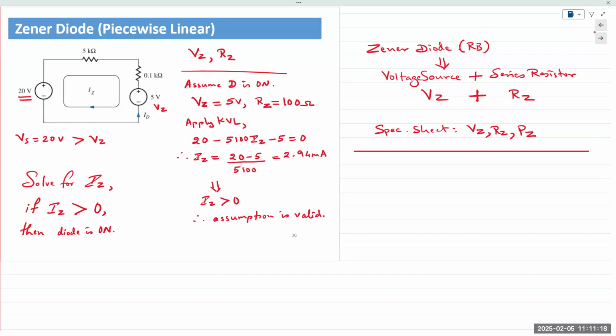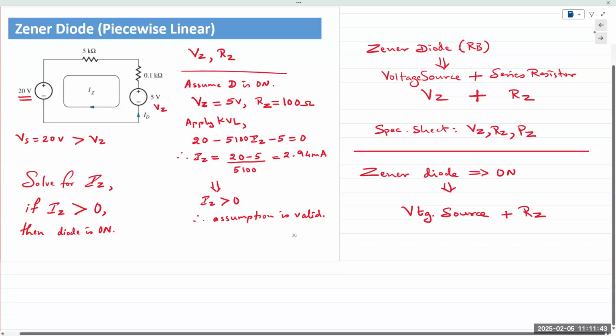And so the Zener diode, when it is on, is represented as a voltage source in series with the Zener resistance RZ. That's the Zener resistance RZ when it is turned on.